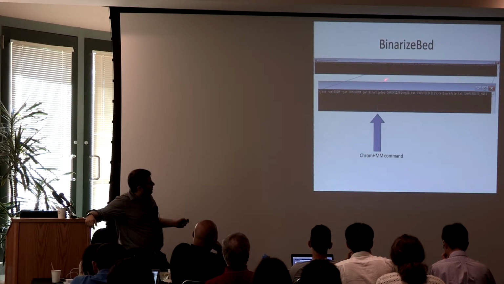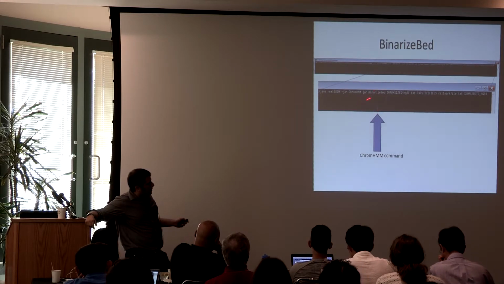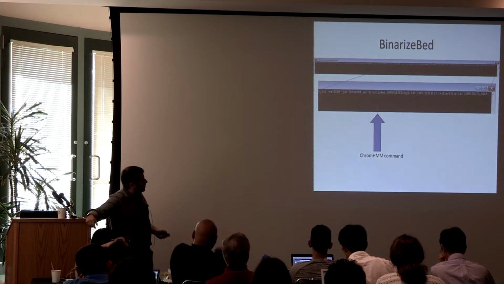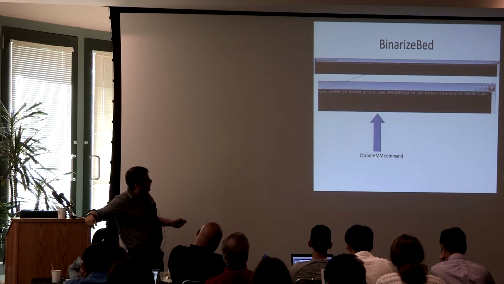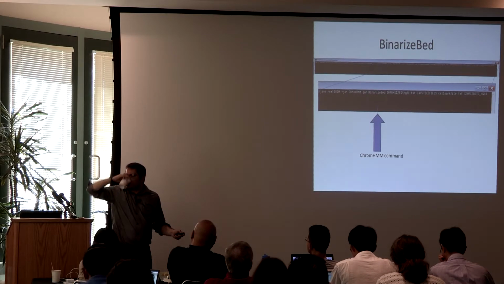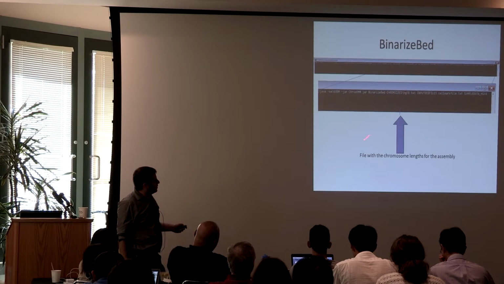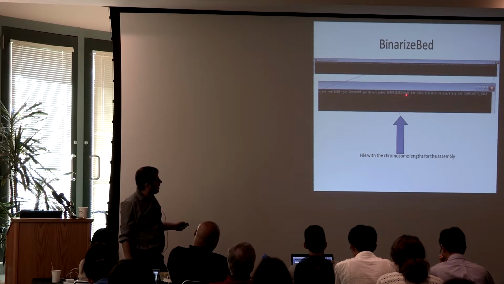ChromHMM has a number of different high-level commands. I'm going to talk in depth about BinarizeBed and then LearnModel, and then I'll have some other specific commands. The first parameter to BinarizeBed is the name of a file with the chromosome lengths.